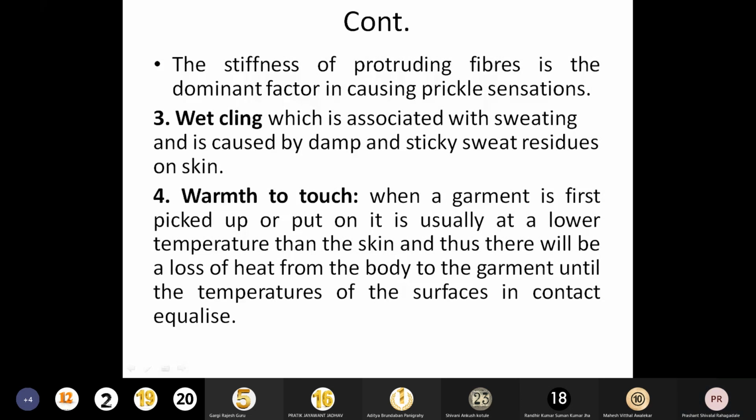Because our skin has a higher temperature, because our body is trying to maintain the normal body temperature. Surrounding is cold, so our body is a little bit warmer.